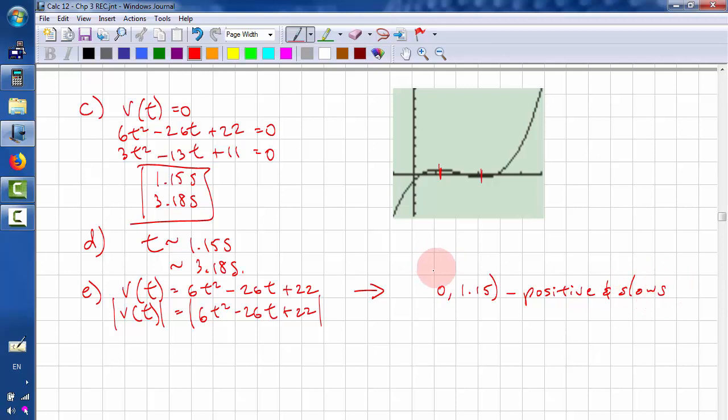Actually, this can be included. 1.15, 2.17, negative and accelerates. And 2.17 to 3.18, negative and slows.